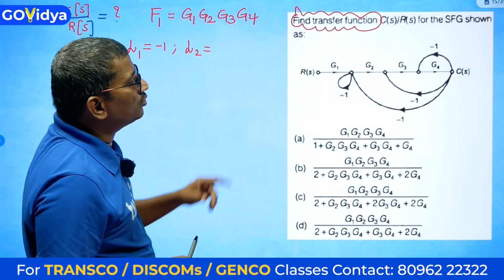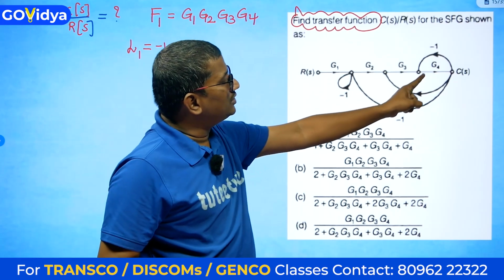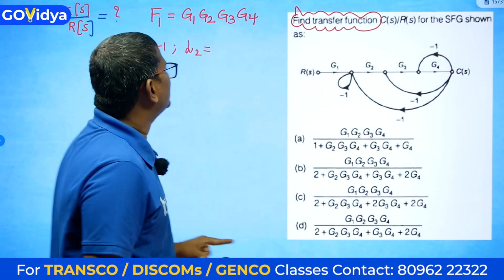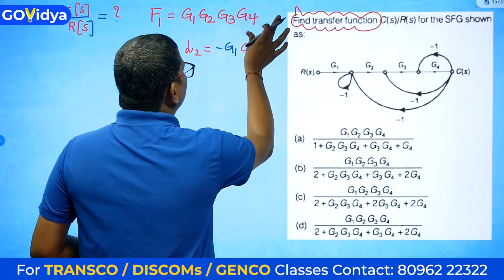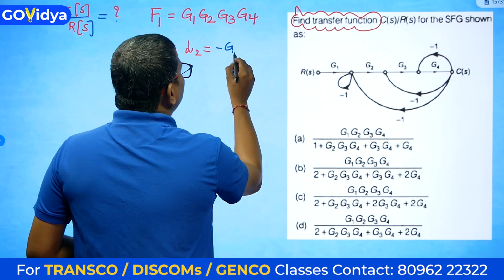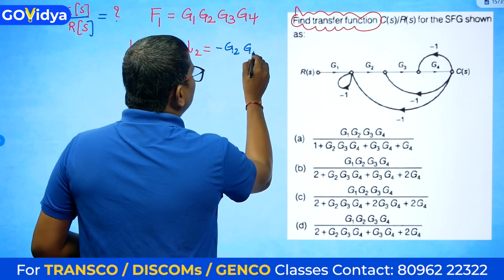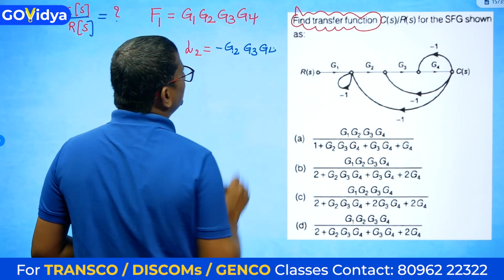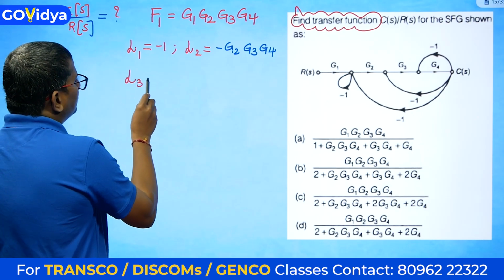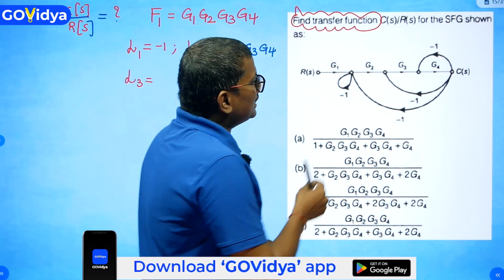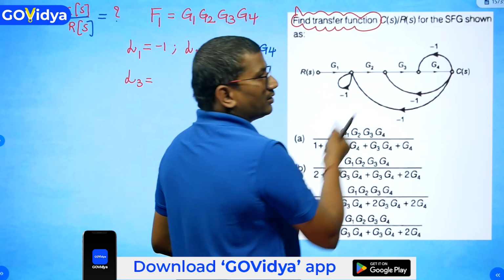G1, G2, G3 into -1, which is nothing but minus G1, G2, G3. What about loop 3? G3, G4 -1. Correct?